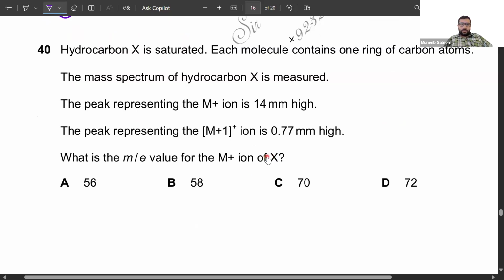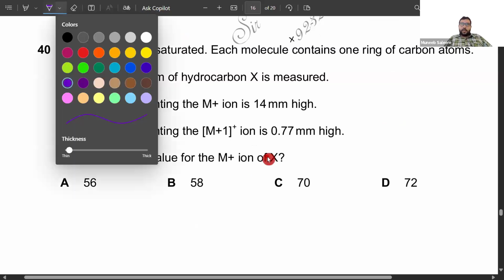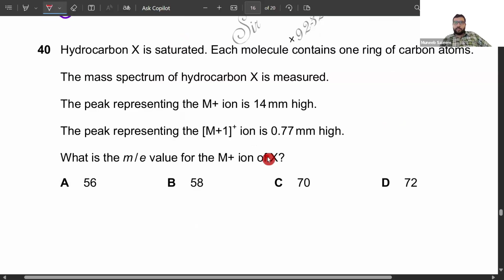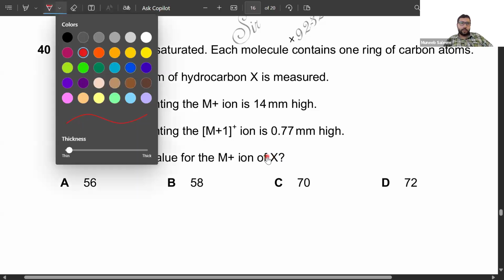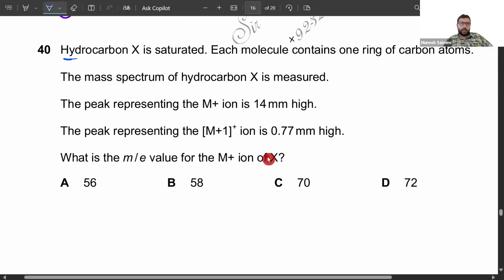All right, now this question belongs to analytical chemistry, and in that it belongs to mass spectrometry. We are provided some information which we have to use. We should know that compound X is totally hydrocarbon. That means it has only hydrogen and carbon atoms and no other element. And it is saturated, which means it should be an alkane compound.